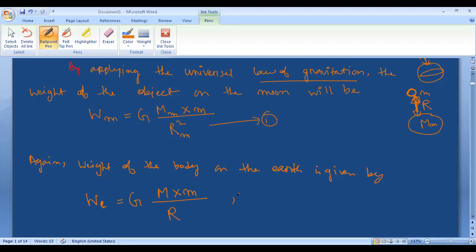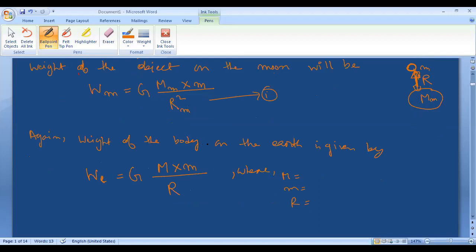Here you can write where. At home you write down, just leave some space here. Capital M will be the mass of the Earth, small m will be the mass of the body, R will be the radius of the Earth. Write down WE. All of you clear? Leave some space here.